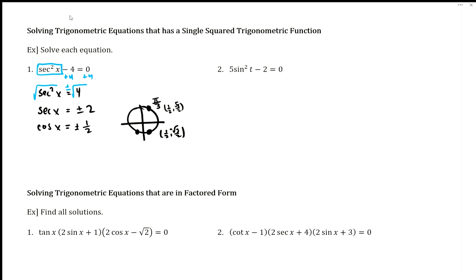So the x coordinate of positive 1/2 are right there at pi thirds and right here at 5 pi thirds. And then the one with the negative, let me go ahead and color code it in purple, where I would have a negative 1/2 as an x coordinate would be at 2 pi thirds and 4 pi thirds. Okay, so that's where I would have the negative 1/2 as the x coordinate.